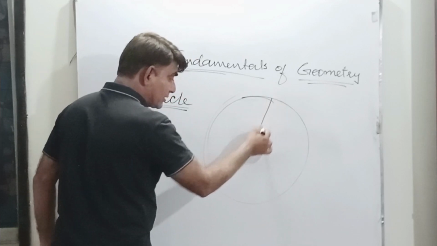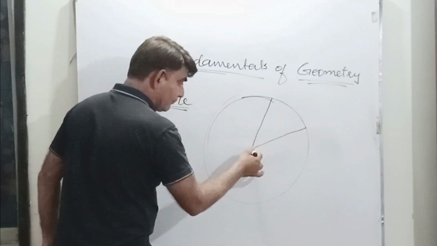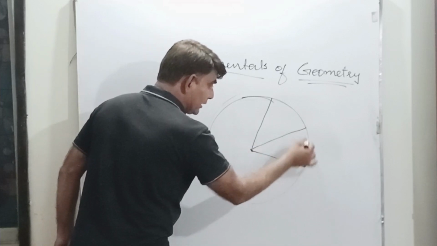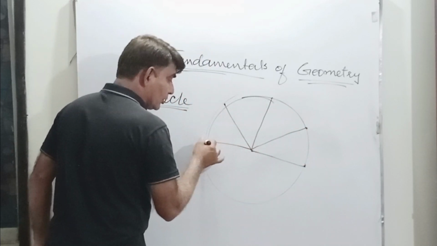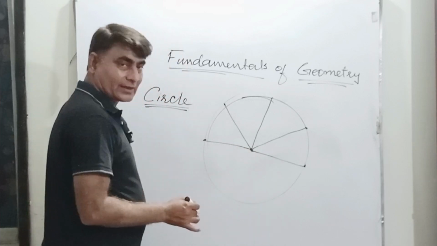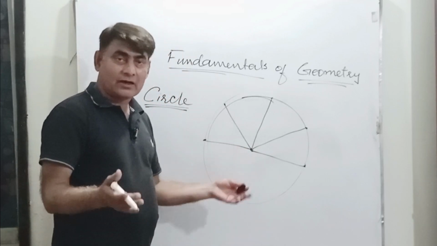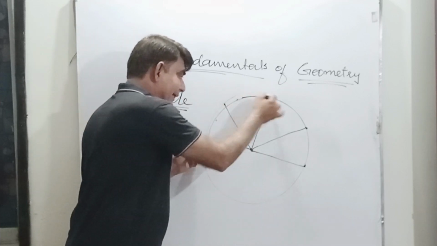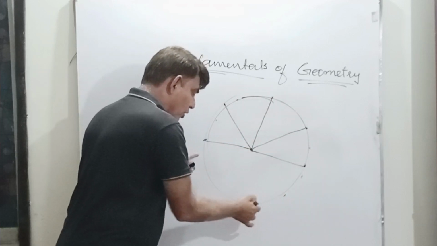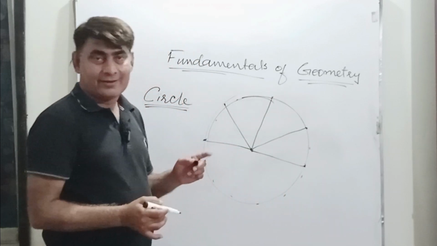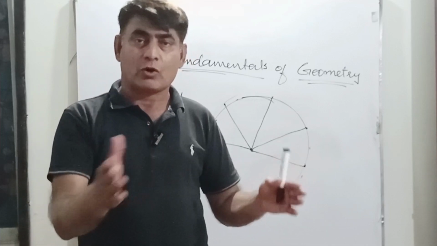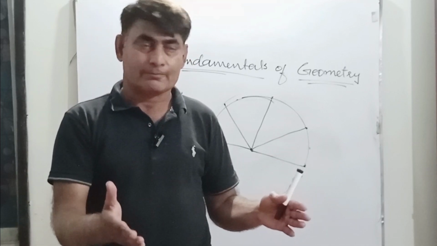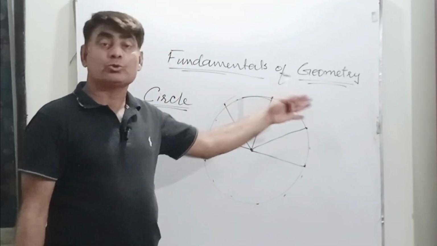Okay, now the distance is one, same as this one, same as this one. All these points are equidistant from this fixed point. So this fixed point is called the center of a circle, and the set of these points forms a circle. So a circle is defined as the set of points which are equidistant from a fixed point known as the center.